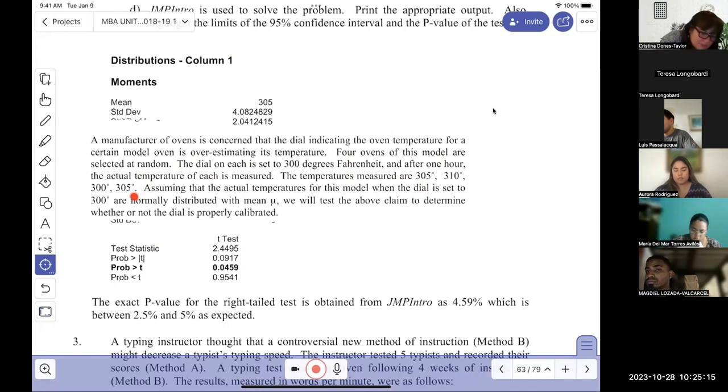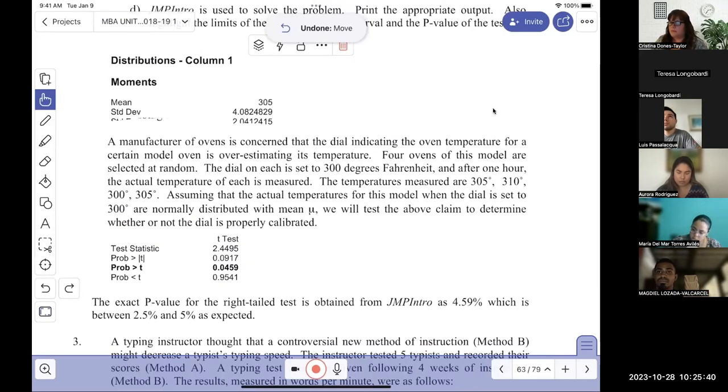Those are the sample results. We want them to be 300. That should be the mean result. We know there's some slight variation, but we want to see on average, is it going to be 300? So our hypothesis test, so everyone understands the question.